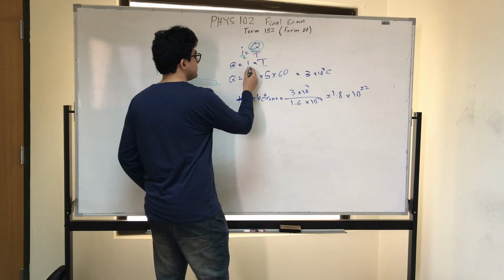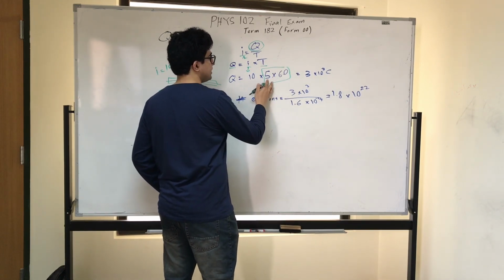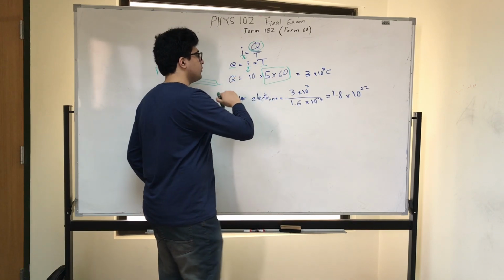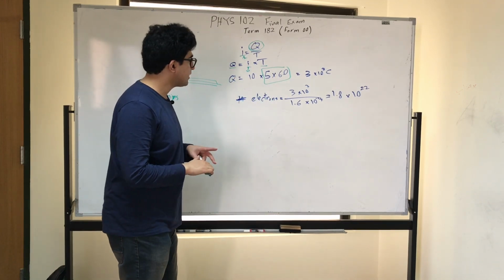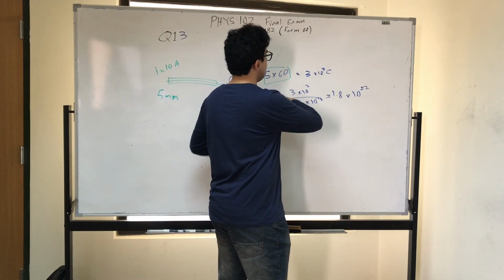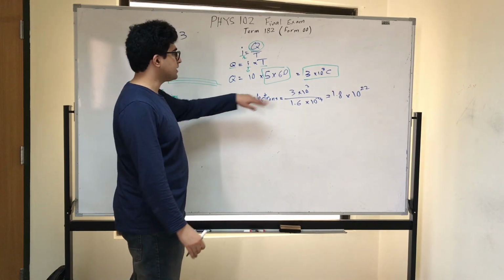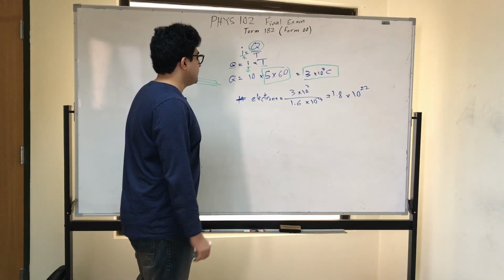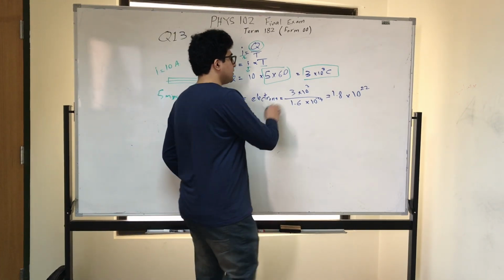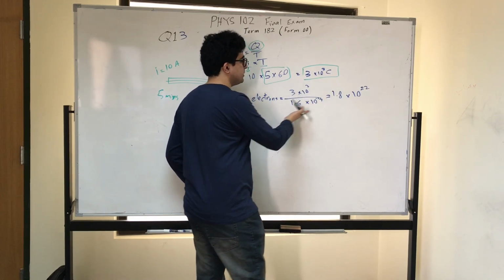And the current is just 10 amperes, and time is going to be 5 minutes times 60 seconds, because we want the time to be in seconds. And then you multiply everything out, and you'll be getting that the charge is basically 3,000 coulombs. Now, 3,000 coulombs, which is the charge, divided by the fundamental charge.